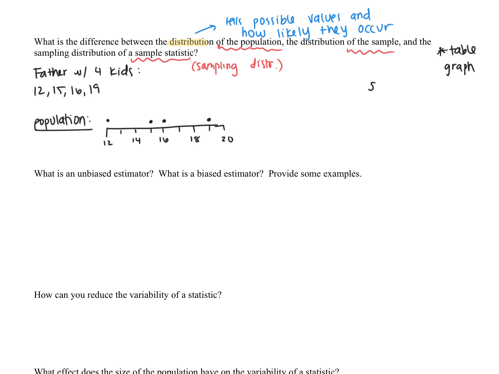Now, if you remember, we looked at samples of size 2. And so we said we could get 12 and 15, 12 and 16, 12 and 19, so on and so forth. So we said there were 6 samples. If we're looking at the distribution of the sample, it's 1 sample. So we might decide to take a look at this sample, the sample of 12 and 15.